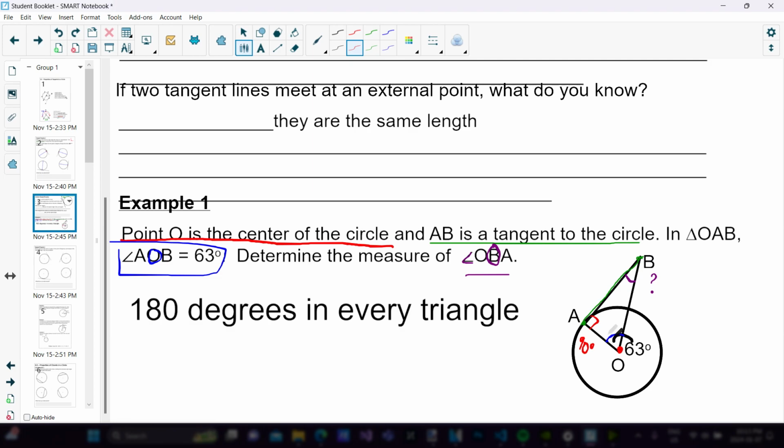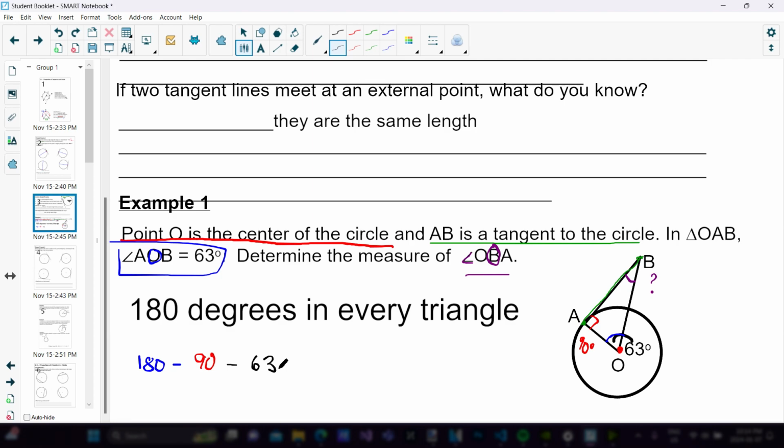So if you know this angle is 63 degrees, you know this angle is 90 degrees, you can find that third and final angle. How? Well, you know there's 180 degrees in every triangle. So if I know two of the angles, I just subtract them from 180. So I can subtract that 90-degree angle, and I will subtract the 63-degree angle.